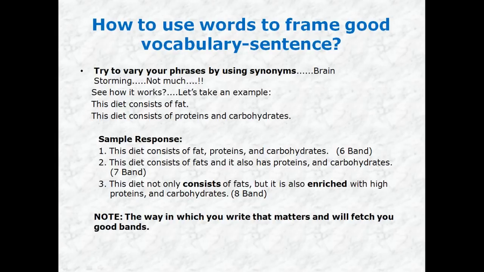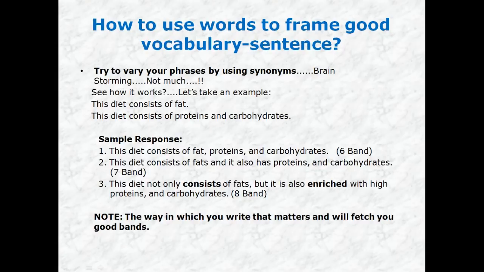Then comes 8 band: this diet not only consists of fats, but it is also enriched with high proteins and carbohydrates. Definitely, the computer or the manual checker will give you the 8 band for the third sentence. So this is the way in which one has to write.